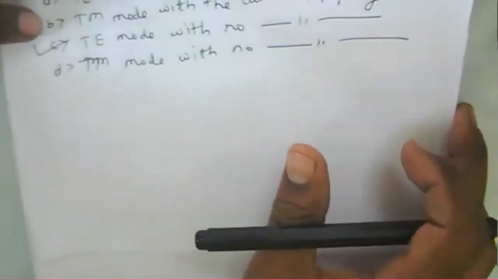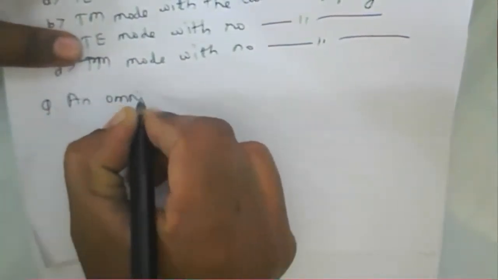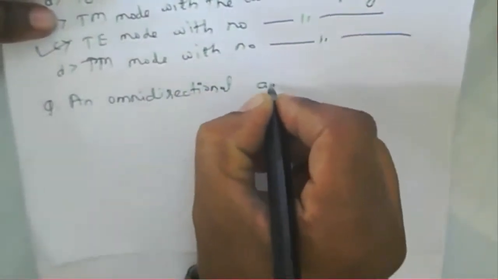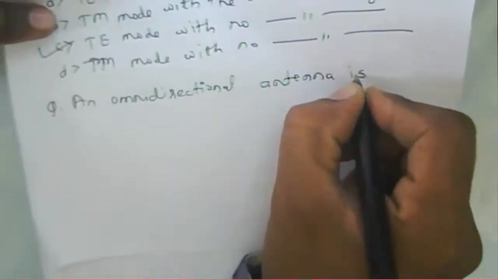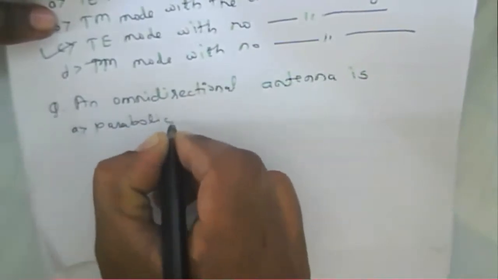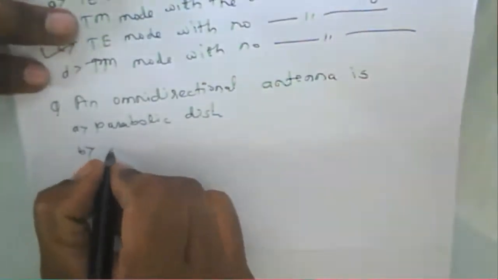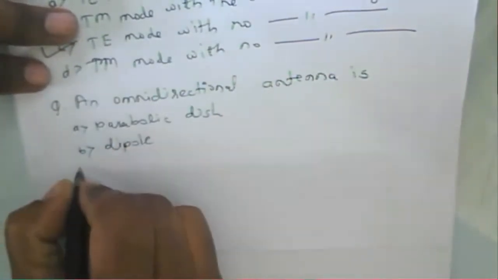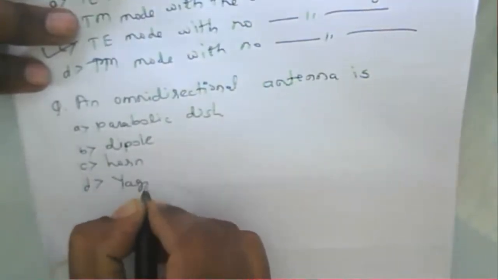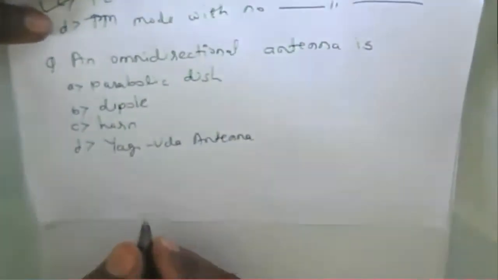Now next, an omnidirectional antenna is a: parabolic dish, dipole, horn, or Yagi-Uda antenna.